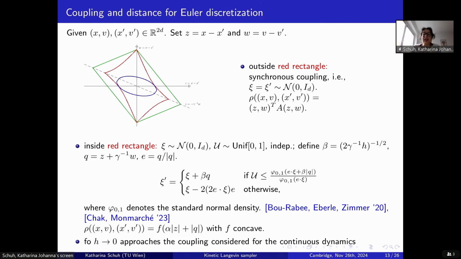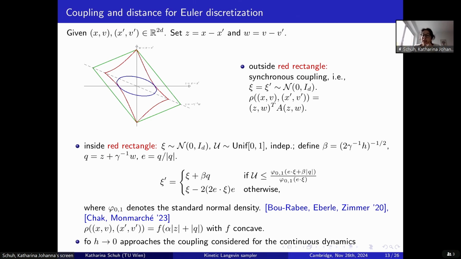And so the idea here is that for large distances we also want to use a synchronous coupling, where we can use the influences coming from the Ornstein-Uhlenbeck part or the strong convexity. And so this can be done indeed.